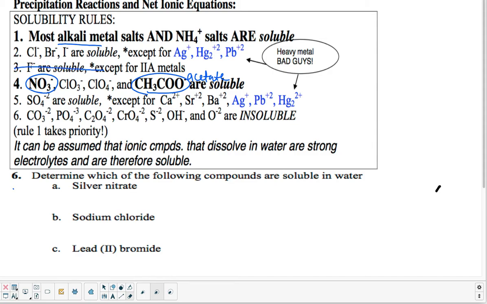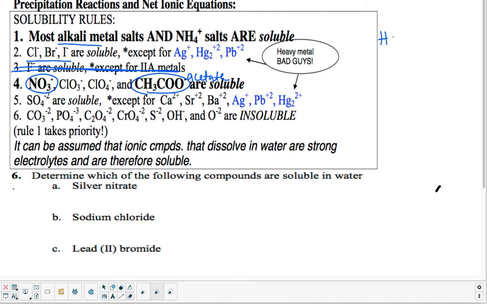You can cross out number 3. We don't worry about that. Chloride, bromide, and iodide are soluble except for silver, mercury, and lead. What are chlorine, fluorine, and bromine? Halogens. So there is a little saying, it's crazy, and if you want to come up with something else, you can, to remember this.